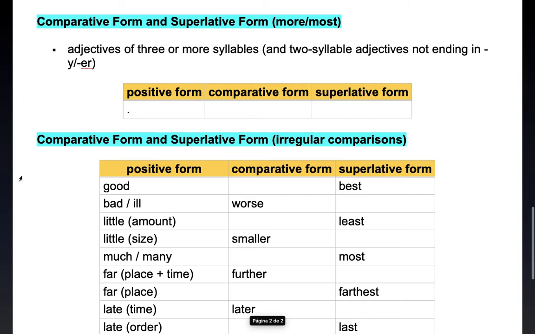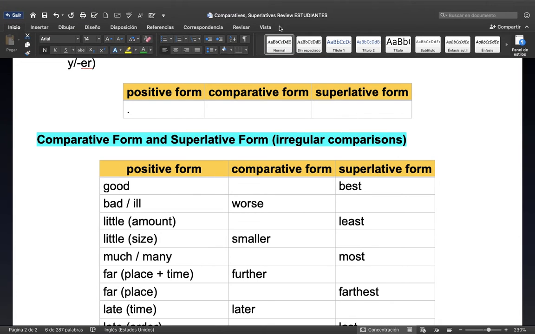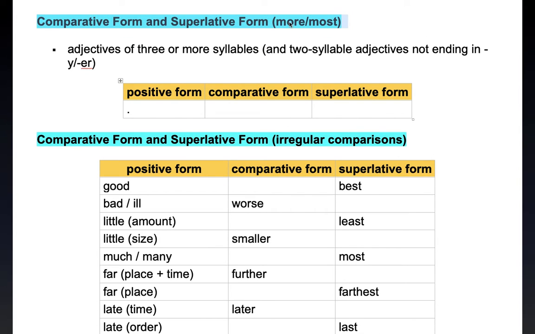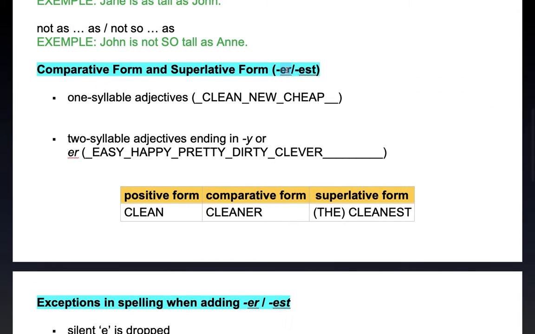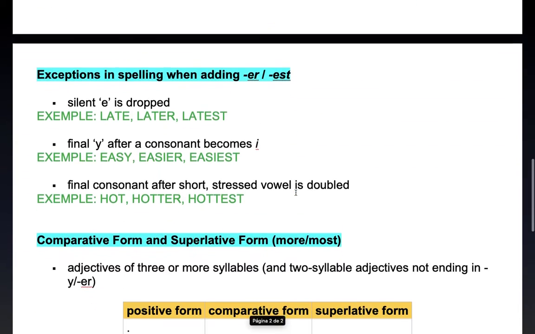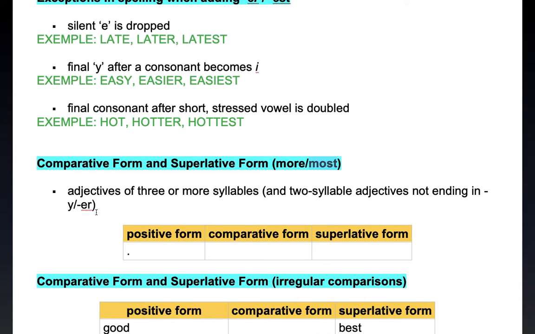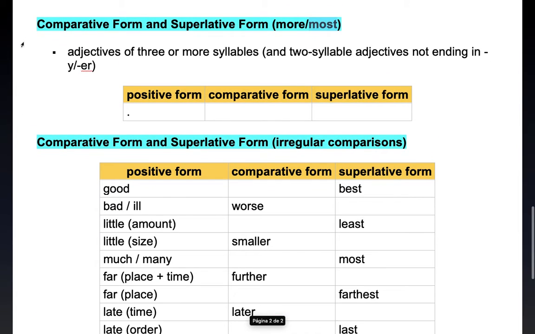Okay, let's move, movámonos. Comparative form and superlative form, more and most. Forma comparativa y superlativa, more, most. ¿Por qué eso? Porque en la parte de arriba era diferente, era ER, EST. Ahora es more y most. Okay, it says, adjectives of 3 or more syllables.